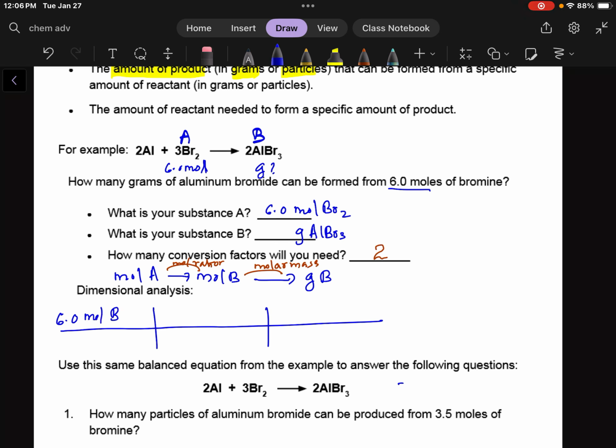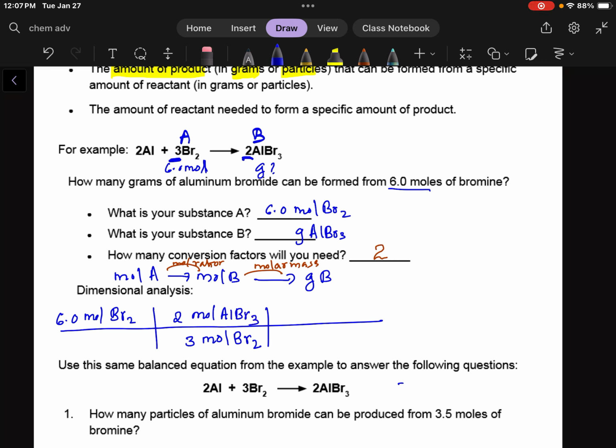You will write the 6 moles of bromine Br2, and copy the unit and identity down first. Go to the equation and see the mole number here, which is 3, and the unknown is 2 moles of aluminum bromide.